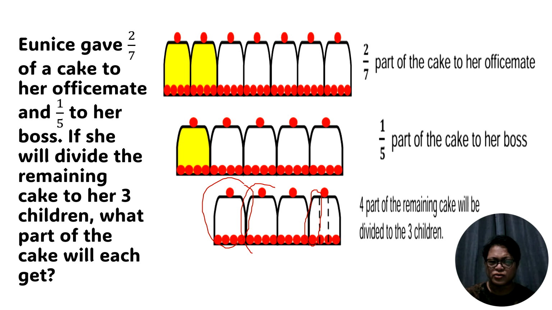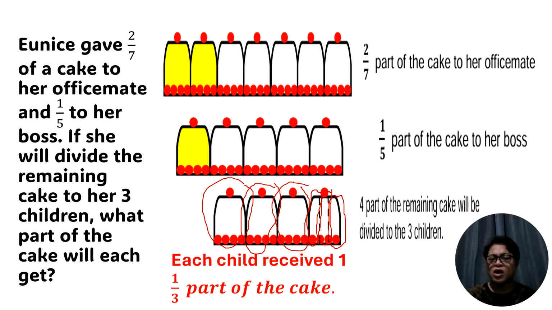Another 1 whole, and then another 1/3 of the remaining part. And another child will get 1 and another 1/3. So it means that each of the children will get 1 and 1/3 parts of the cake.